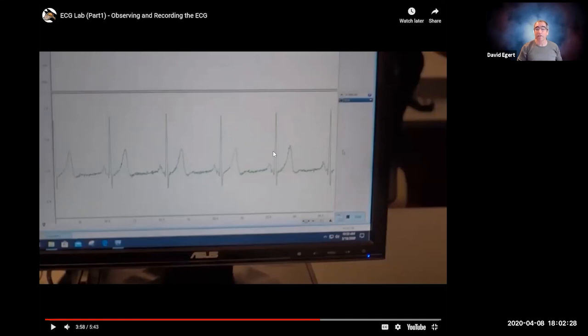Y'all remember that whole excitation contraction coupling? What happens after a signal comes down the somatic motor neuron to excite a muscle cell? This is just on your test. You better know this.